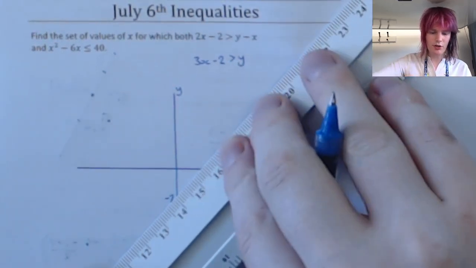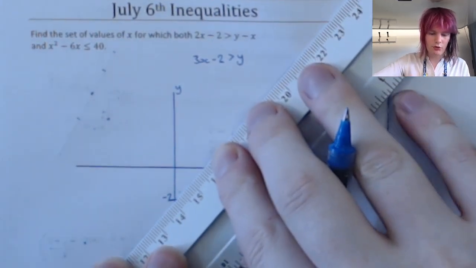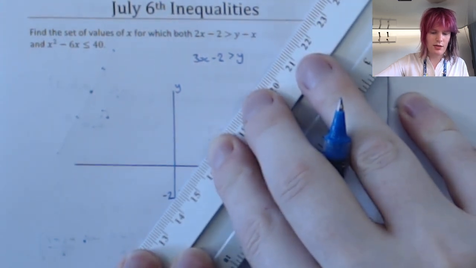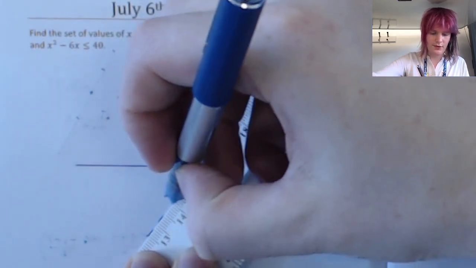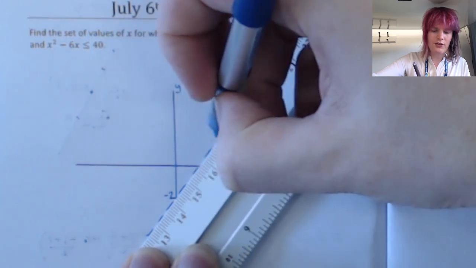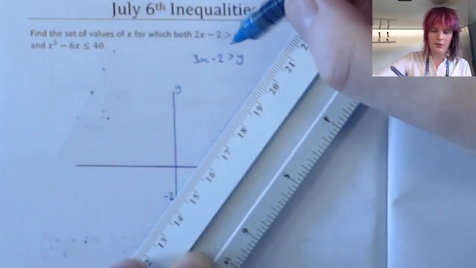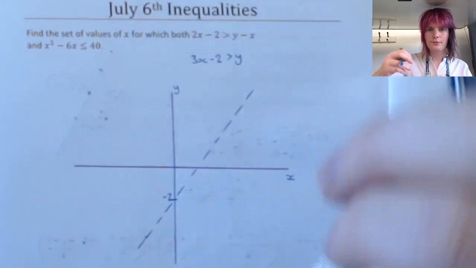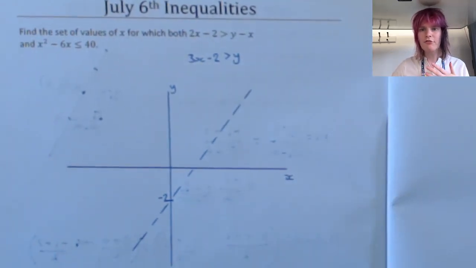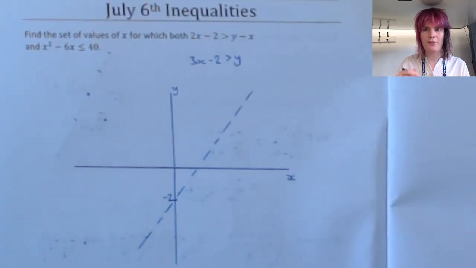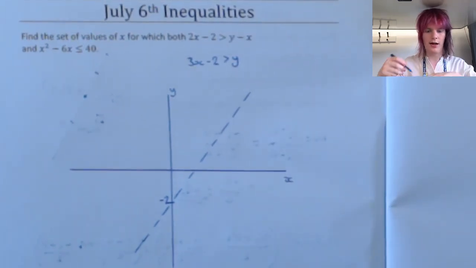I'm going to take my ruler and draw on a dashed line to indicate that it has a gradient of 3. So this dashed line here. The reason I'm doing it dashed and not all joined together is because of that greater than. Because this is strictly greater than y, we don't want anywhere on this boundary where it's equal to y.